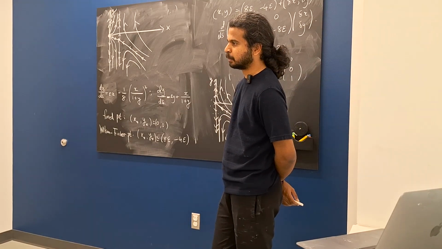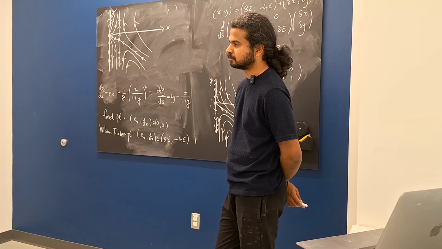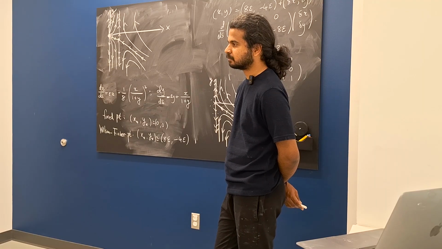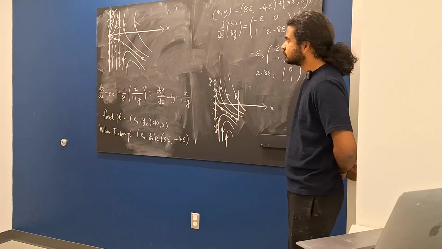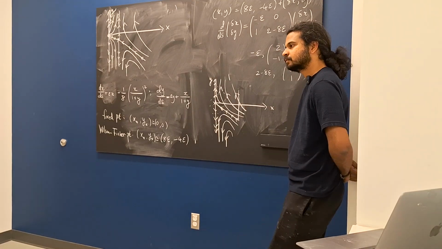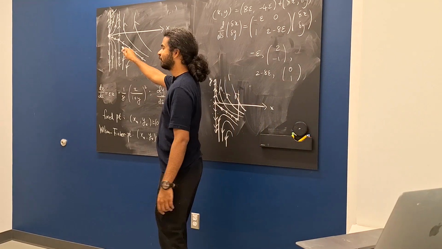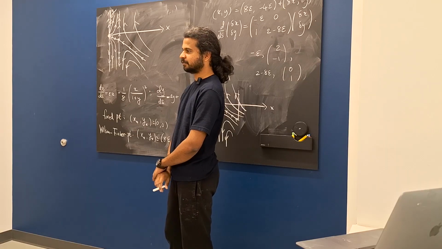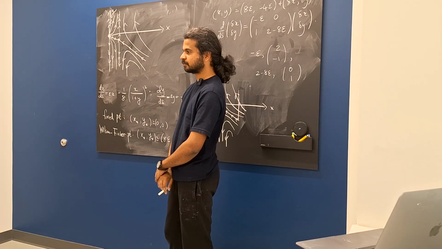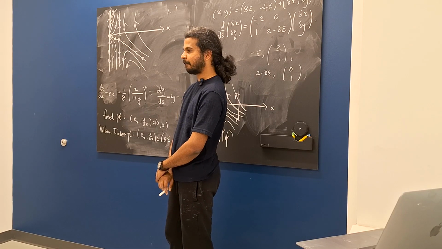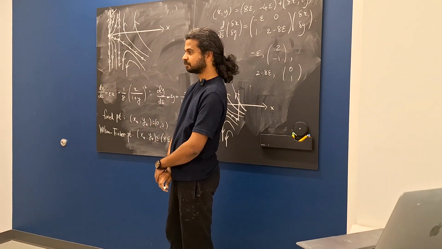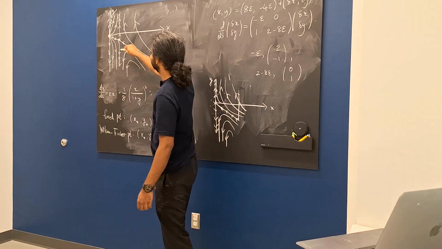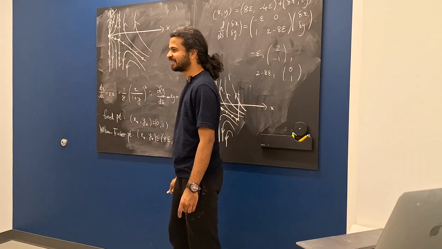So you'd still have two parameters. But at the Wilson-Fisher point, you only have one relevant direction, which is again parallel to temperature.